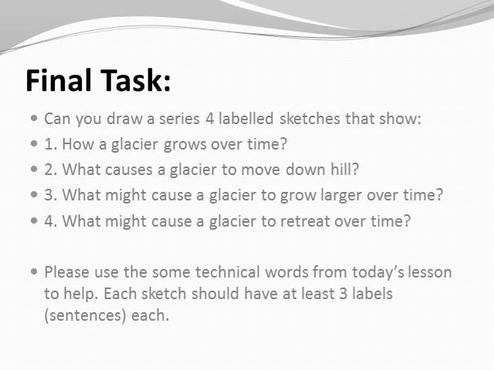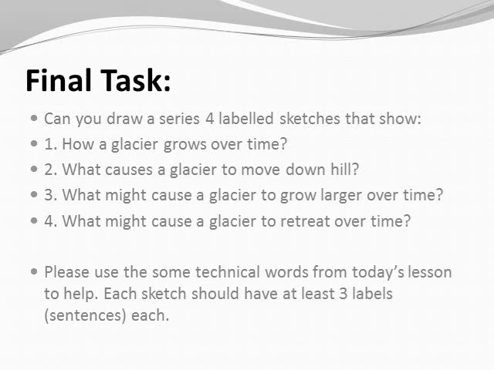So the final task for today's lesson, which should take, again, about 15 minutes, is I would like you to draw a series of 4 pictures, sketches, that show how does a glacier grow over time? What causes a glacier to move downhill? What might cause a glacier to grow larger over time?